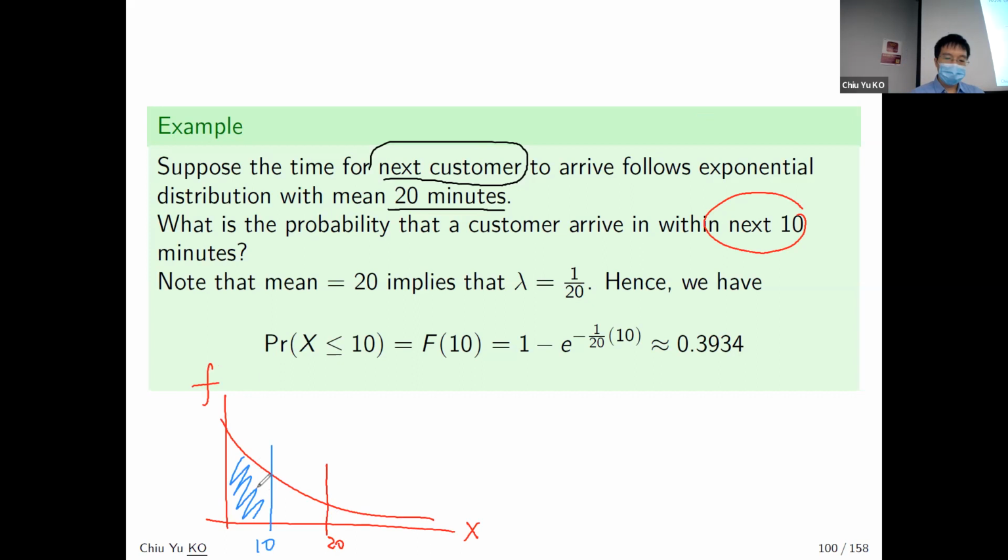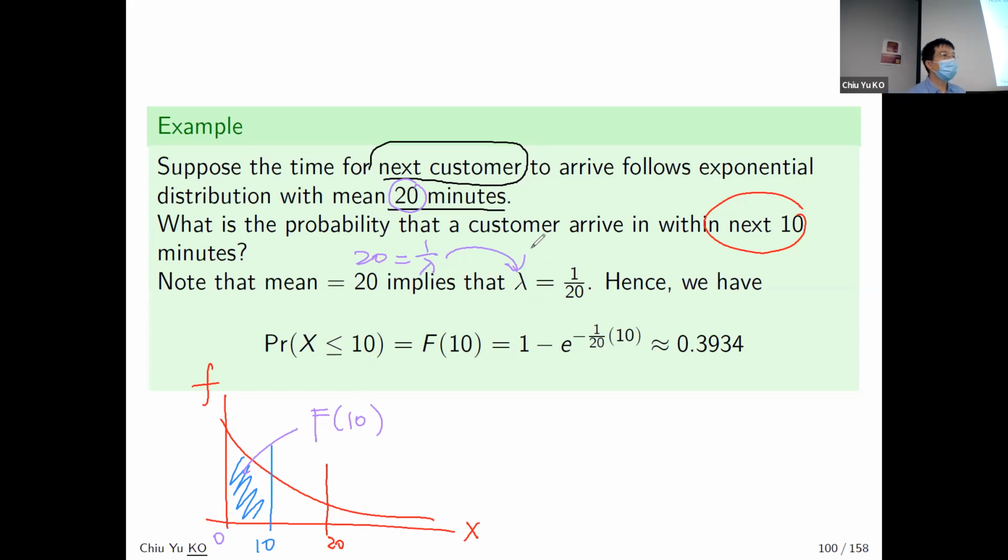And we know this area is exactly F of 10, because from 0 to 10, F of 10, less than 10. And we know that the mean is 20 minutes. So the mean is 1 over lambda, because this is 1 over lambda. So that's why lambda is 1 over 20.